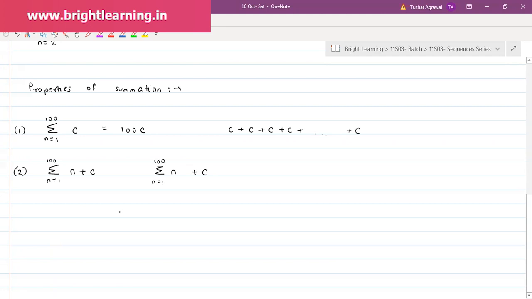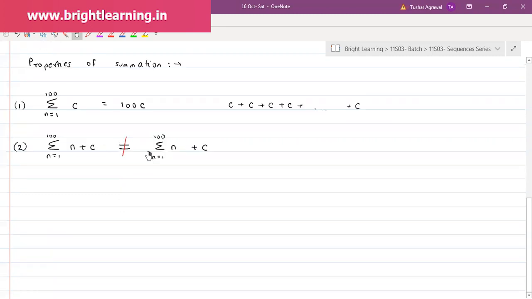These are unequal. How are they unequal? Because I have not written it properly up till now. The proper representation is the summation of bracket n plus c, and the summation of n and a separate addition of c.